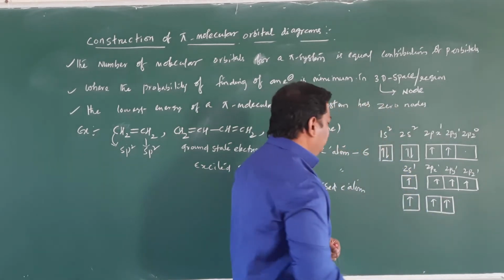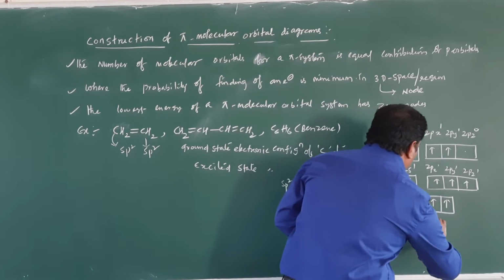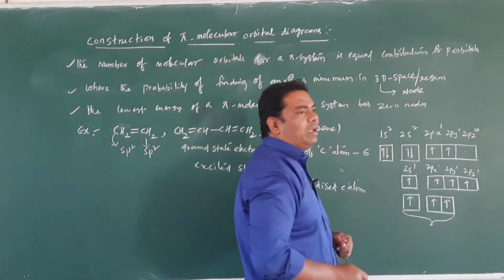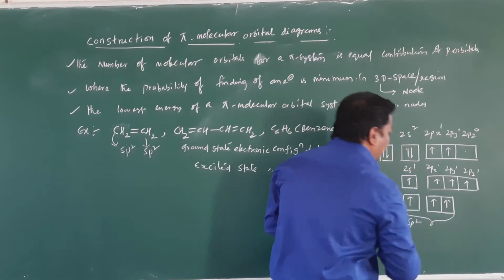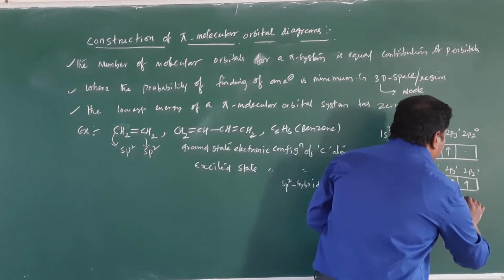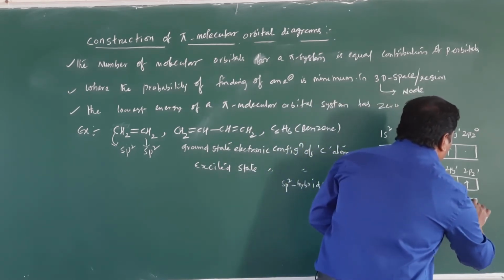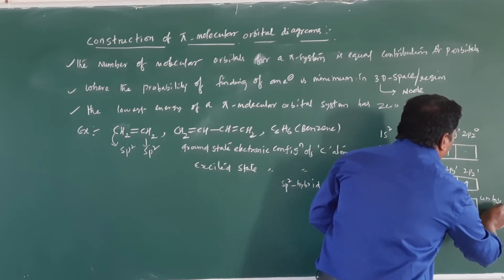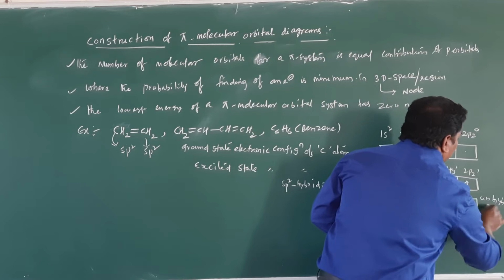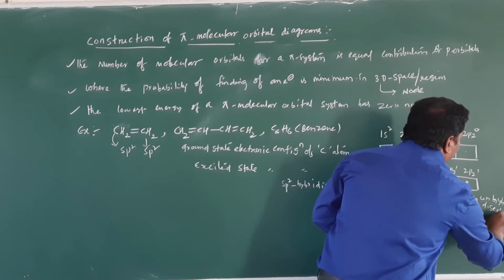So these three orbitals are sp2 hybridized orbitals, and this is the unhybridized orbital.